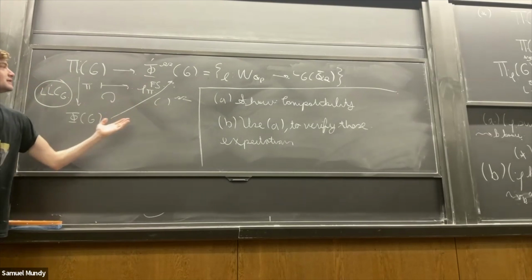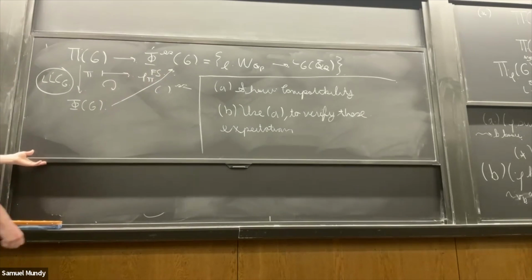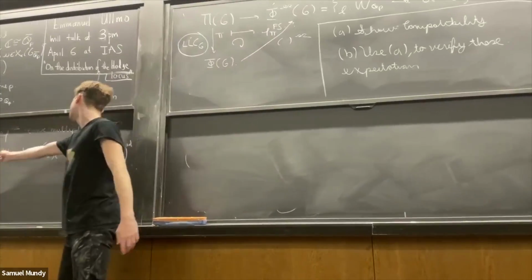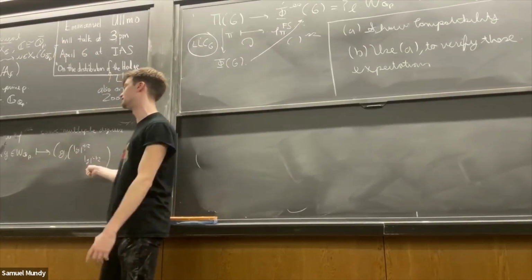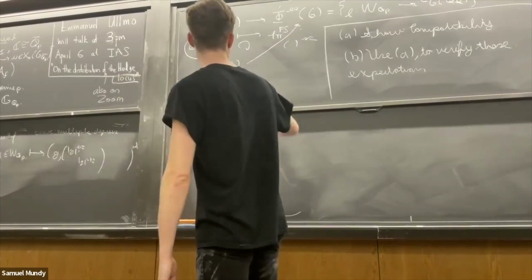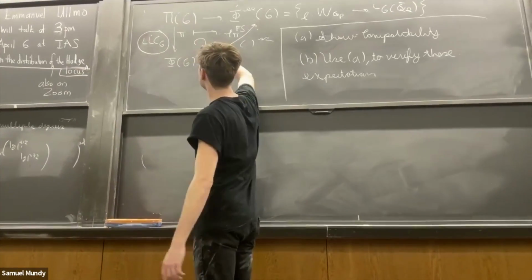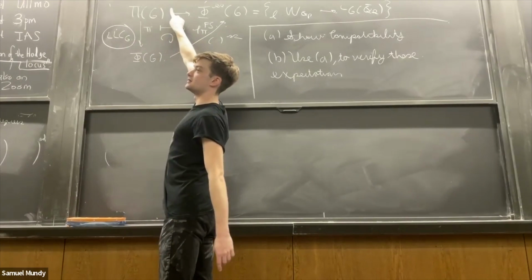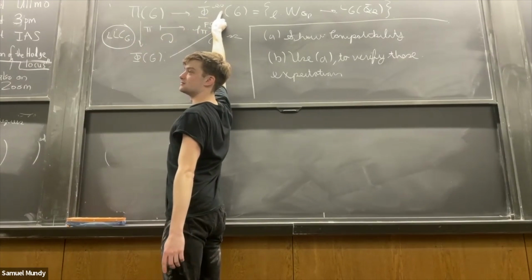Then this map is the semi-simplification map, where you take your parameter and pre-compose it with this map from W_Qp times SL2. Then you expect that if this is a good candidate, this diagram should commute, where this is going to be the Varieties local Langlands correspondence.